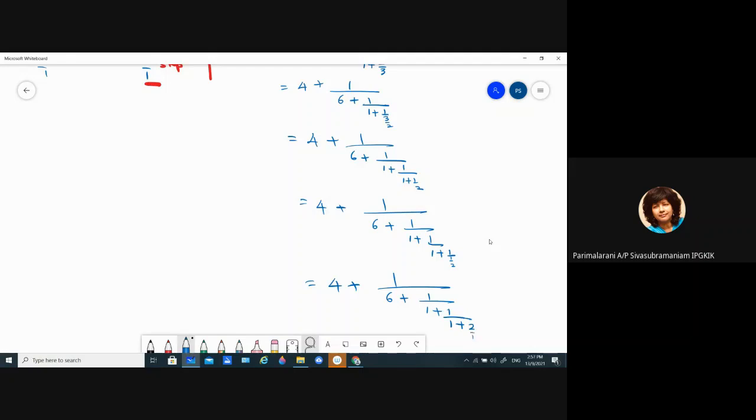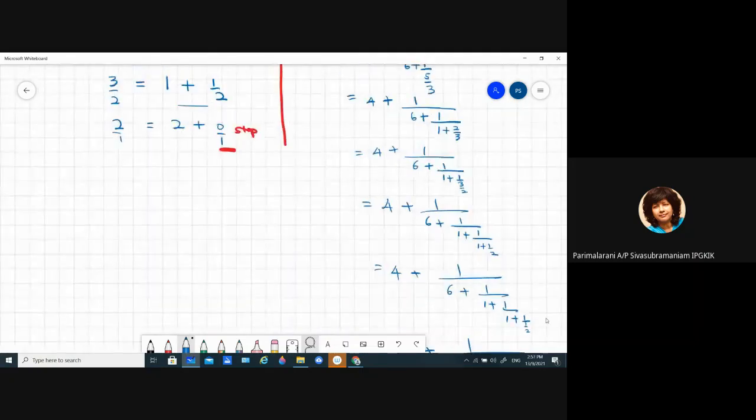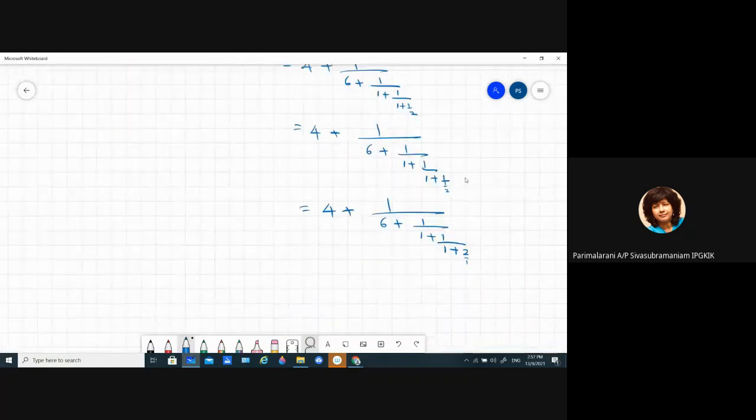It's 2 over 1, okay? And we know that 2 over 1 is 2 plus 0. So we don't have to write this already. 2 over 1, we don't have to substitute with 2 plus 0, we can leave it as this, okay? So this is our final answer.